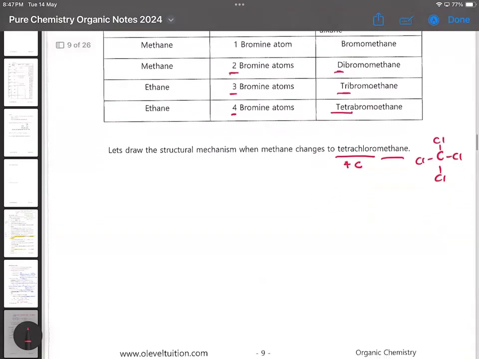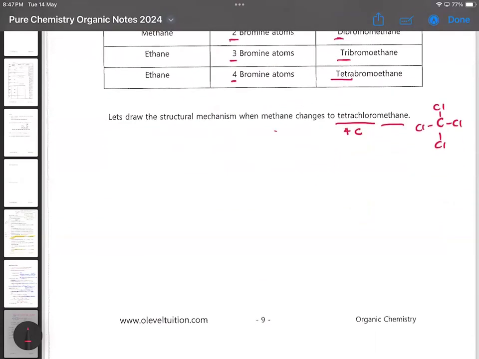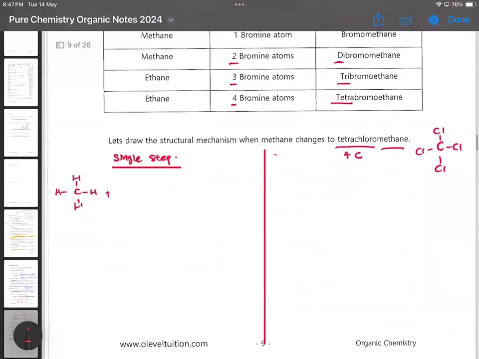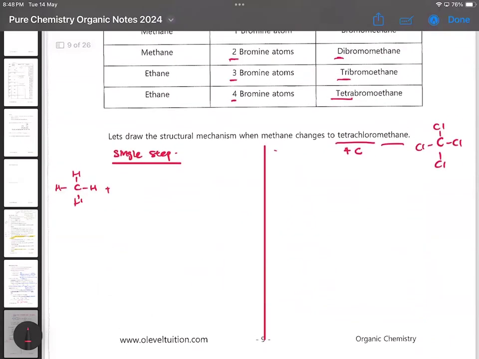Okay, so when you look at this, there are a few ways to do it. I can do it in a single step. So in a single step, we actually have this methane molecule. And because for every one hydrogen that you want to swap out, you need one chlorine, in this case I have four there, so I will need four chlorine.